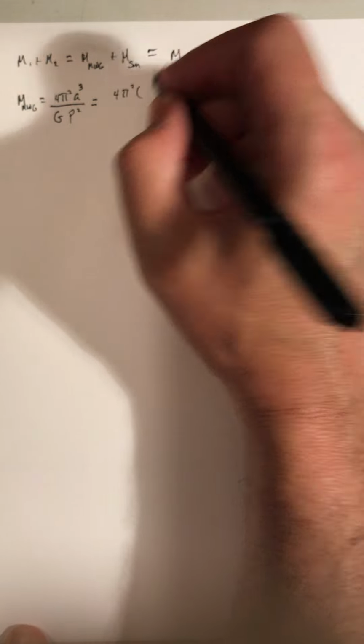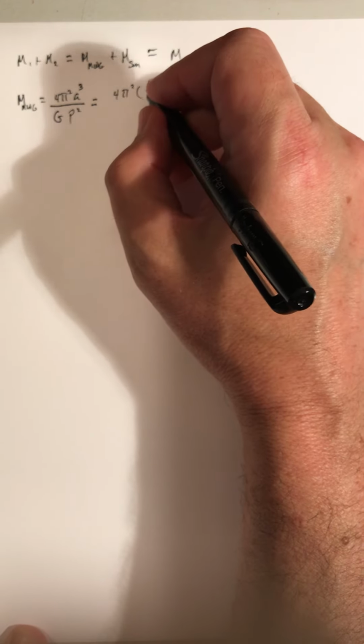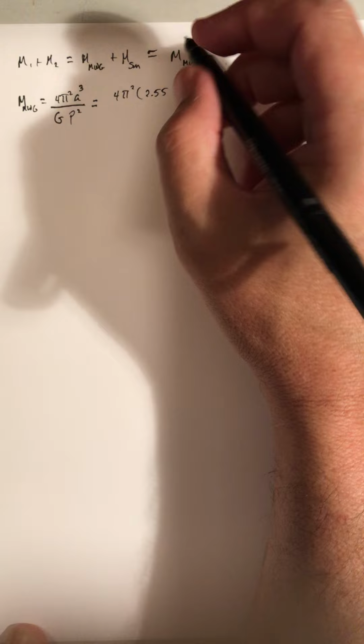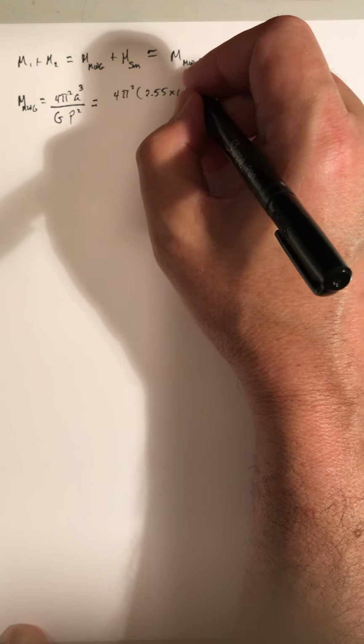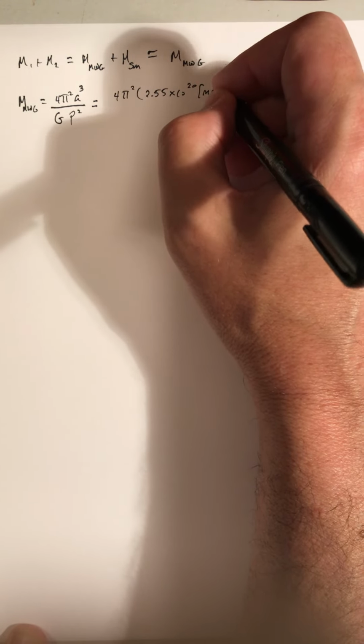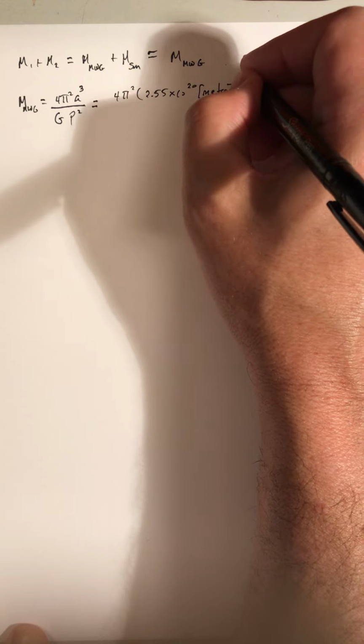4 pi squared. I have a 2.55 times 10 to the 20th meters cubed.